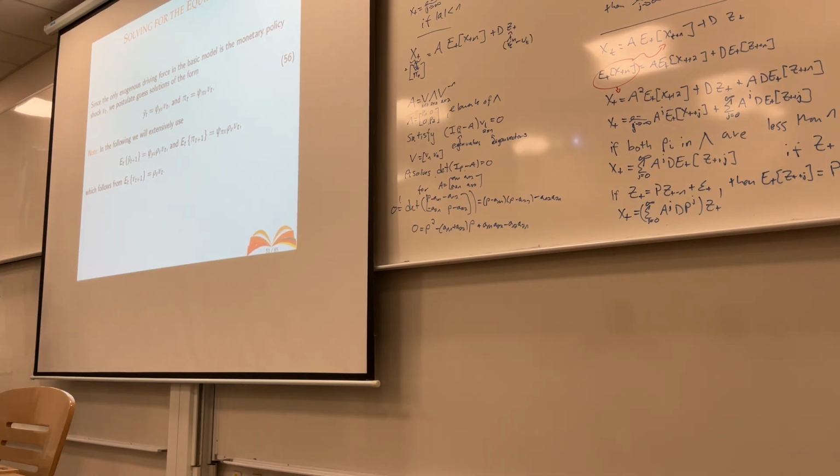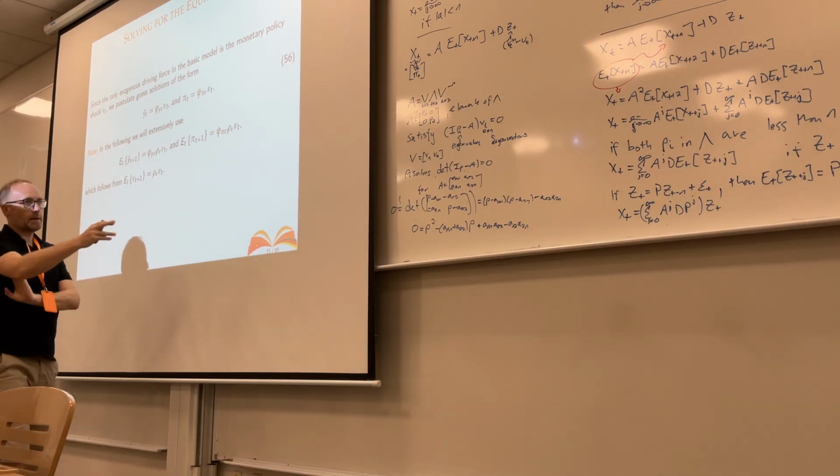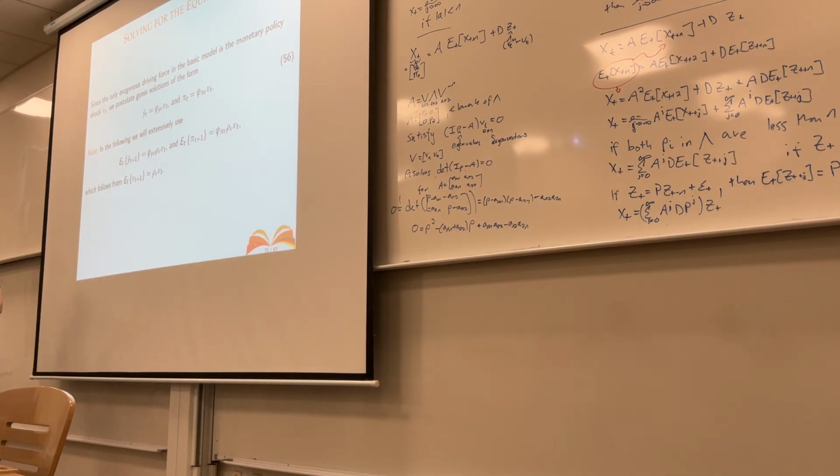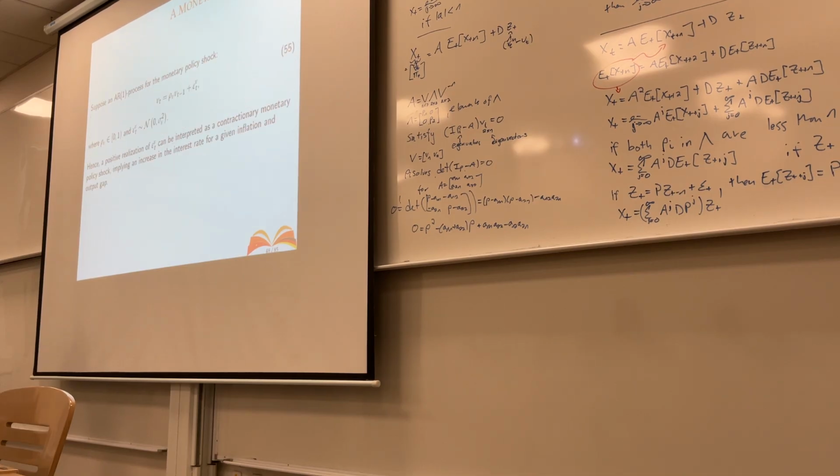This is useful as a way to help us resolve these expectations. So if this is true, and we're assuming it's true, then we can calculate the expectation of the output gap tomorrow straightforwardly. The output gap tomorrow is going to be psi y nu t plus 1. And the expectation today of nu t plus 1 is simply rho nu t, because of this AR1 assumption.